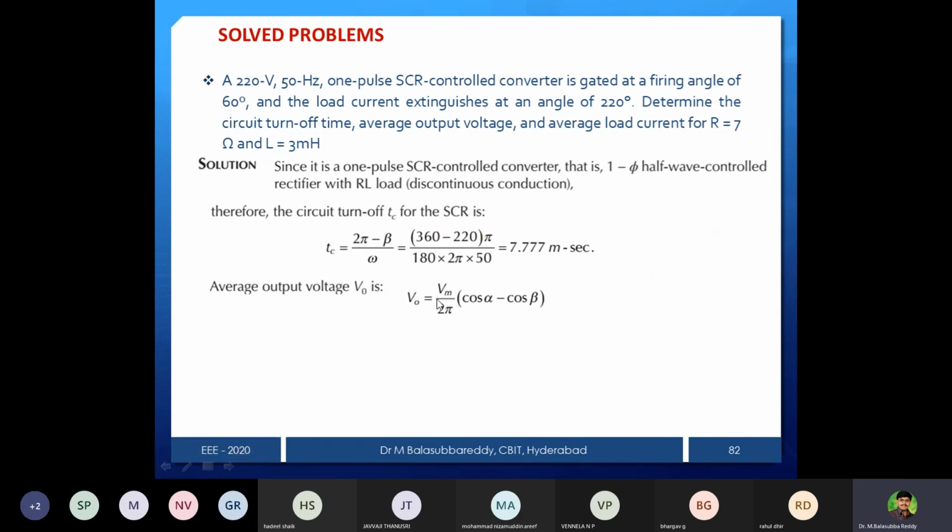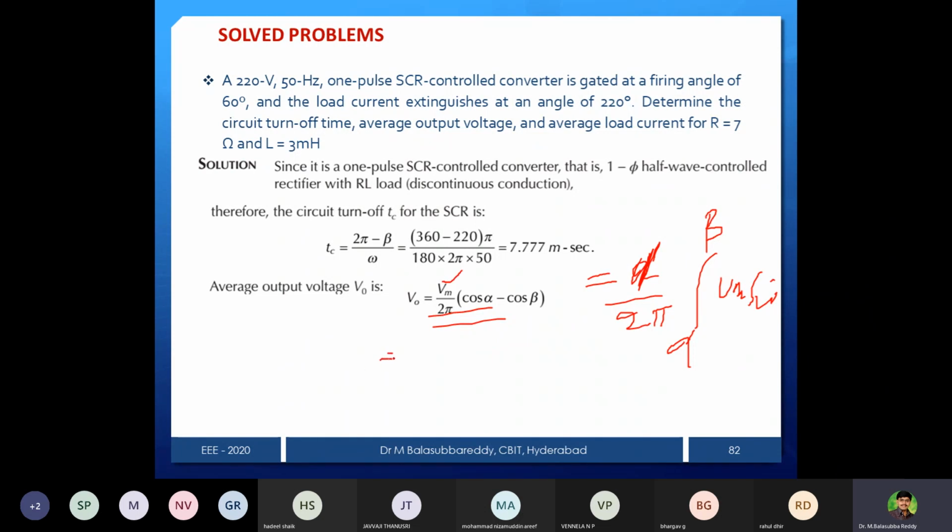And the output, as you know, the average expression for a one pulse converter is 1 by 2 pi. What are the limits? Start with alpha, end with beta, of Vm sin omega t. Then substitute: alpha is known to you, beta is known to you, Vm is known to you.